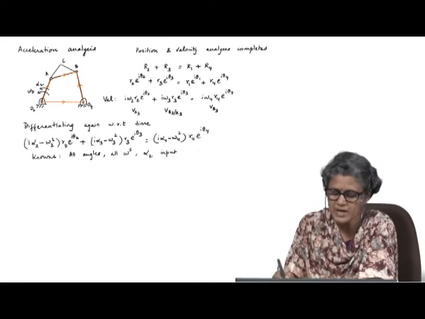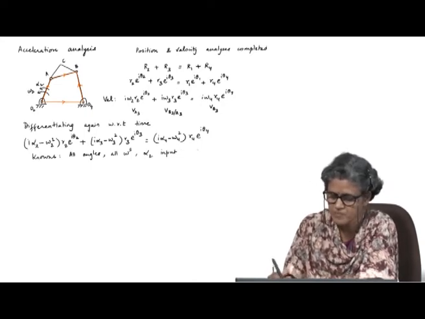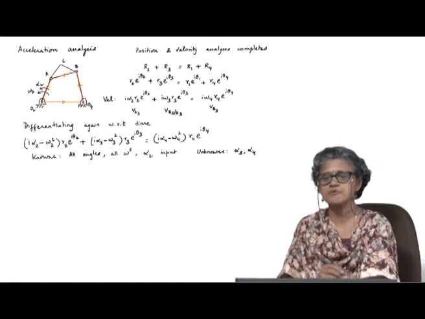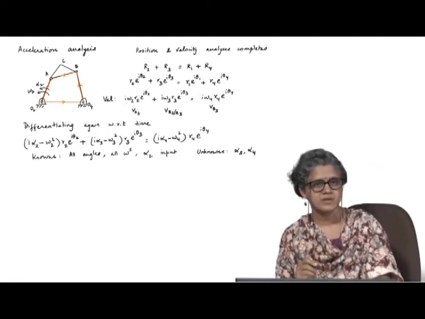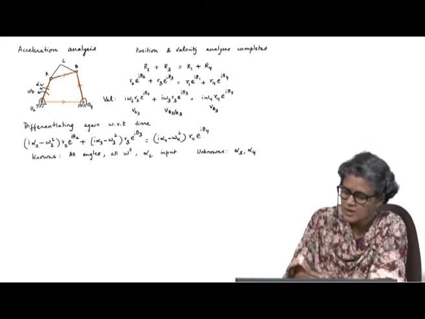So, the only unknowns in these equations are alpha 3 and alpha 4. So, I can solve for those two unknowns.